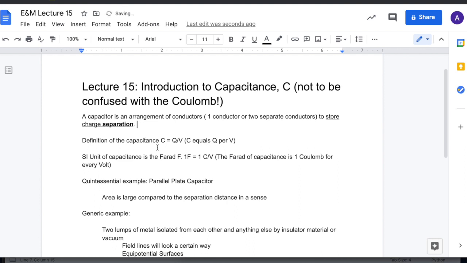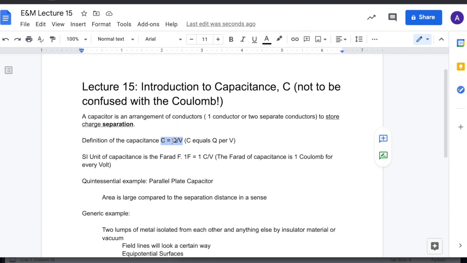Okay, so the definition of capacitance, there's a defining equation. The capacitance is equal to the charge separated, that's the charge separation that I'm talking about, divided by the potential difference.